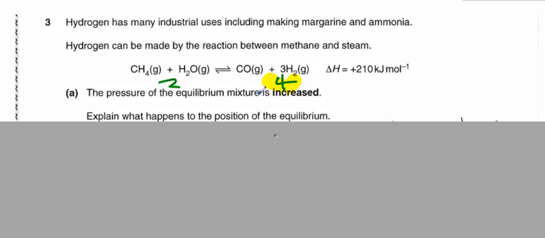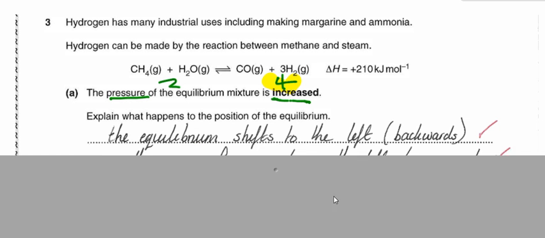So if the pressure of the equilibrium mixture is increased, the equilibrium, to oppose that change, will move from the side with more moles to the side with fewer moles. So my equilibrium will shift to the left, to the side with the least number of moles.